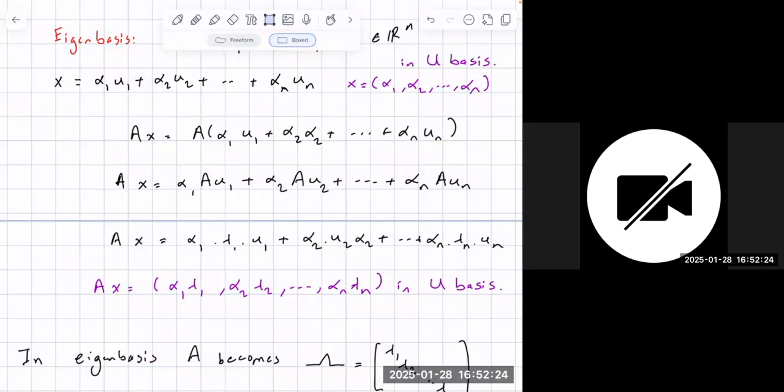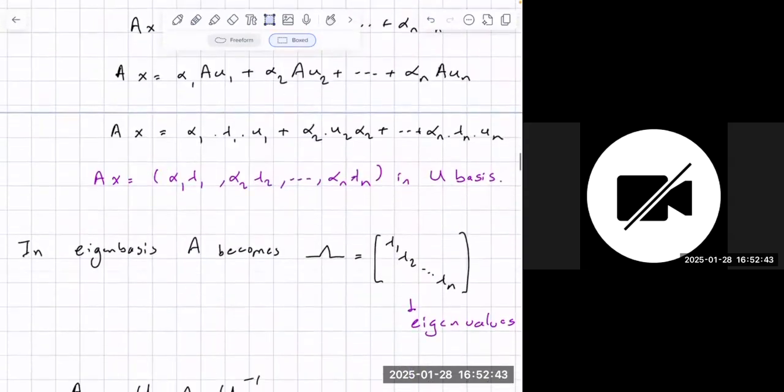So if you put stuff in U bases, what your matrix does is very transparent. It just takes every coordinate, multiplies with those eigenvalues. That's it. Okay. So it acts like a diagonal matrix in those U bases. Another fancy way to talk about the same thing is like in eigenbases, your matrix A starts looking like just this.